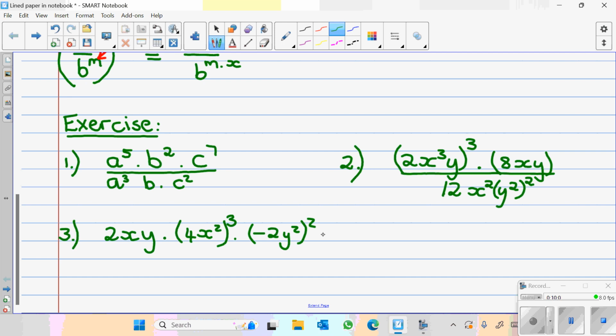Third one, once again, what is on the outside must go to everything on the inside, and then we put those that are similar together.